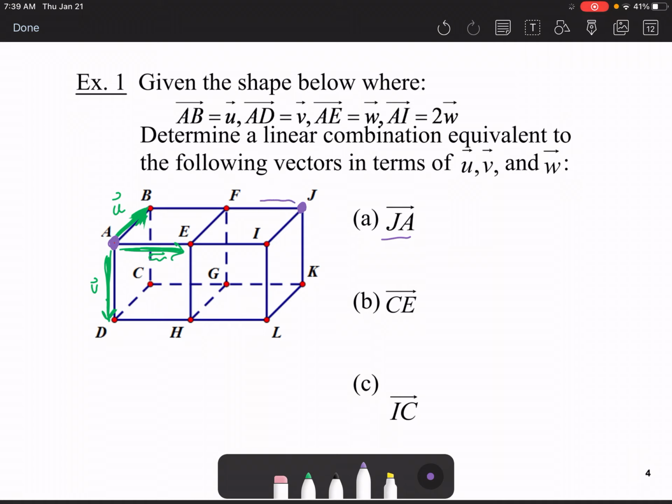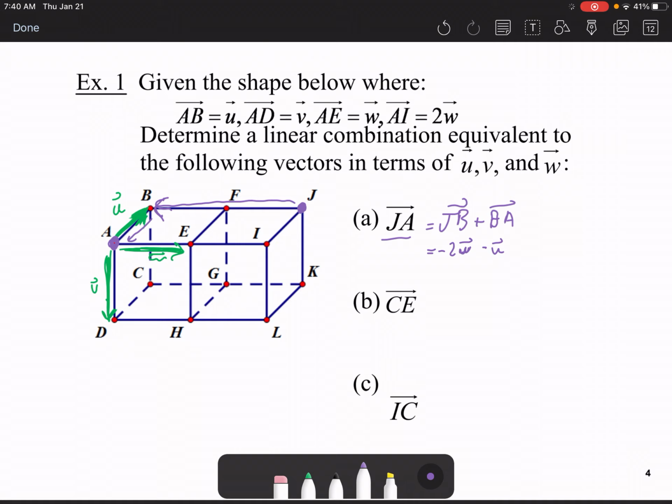I could go across this way, and I could come back down to A. If I go from J to B, and then from B to A, J to B is just the opposite of 2W, so negative 2W. And the vector BA is just the vector negative U. So there we go. There's an equivalent linear combination.